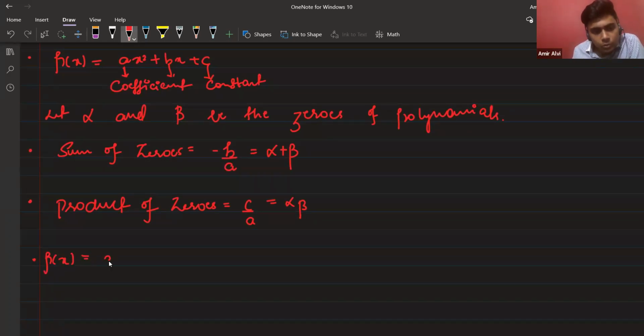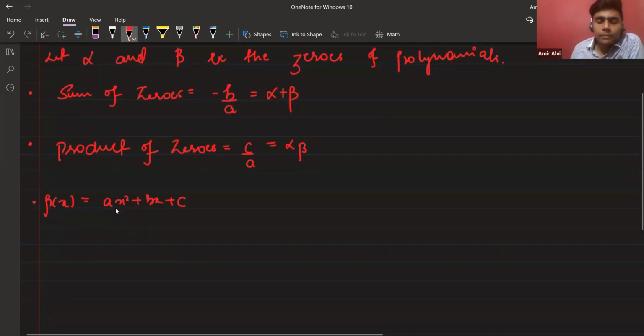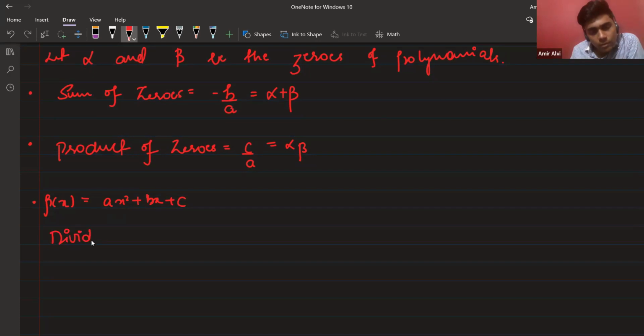Px is equal to ax square plus bx plus c. So Adil, can I divide this equation by a? Yes. Okay, dividing the px by a.